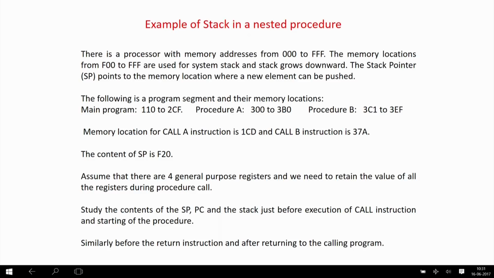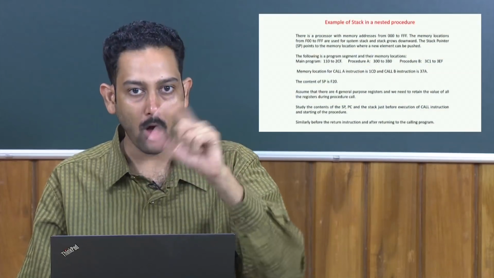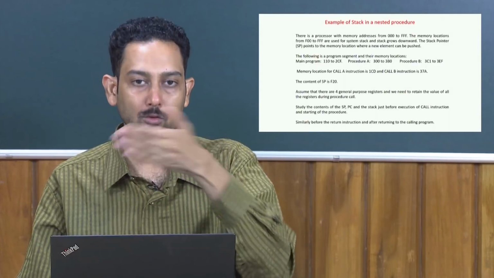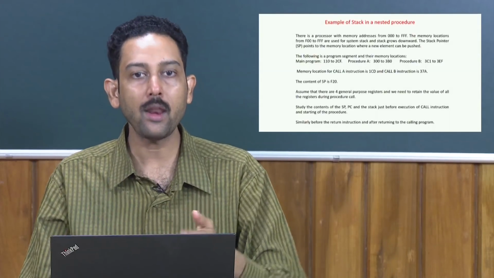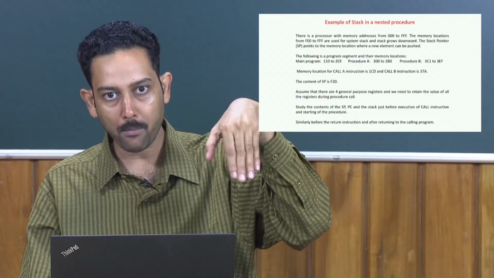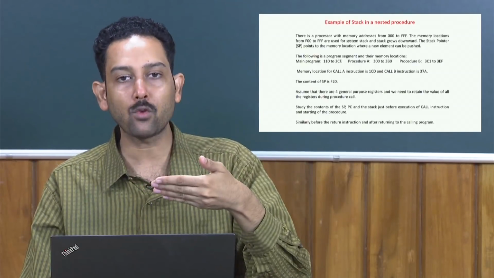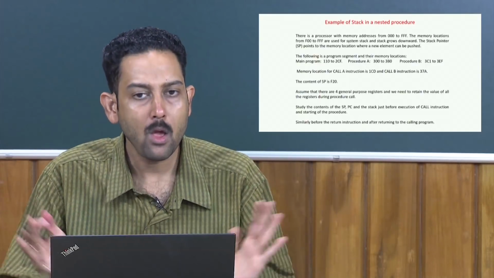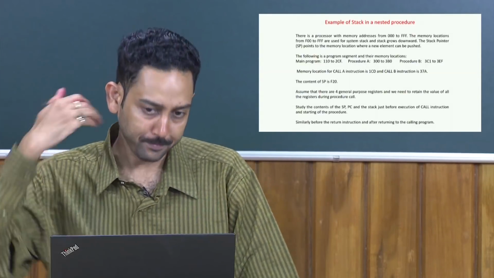So, save the context, call the procedure and complete it, return back to the main part of the program from where the procedure was called, and before returning, regain what you have saved. It is a very simple way of implementing a procedure.